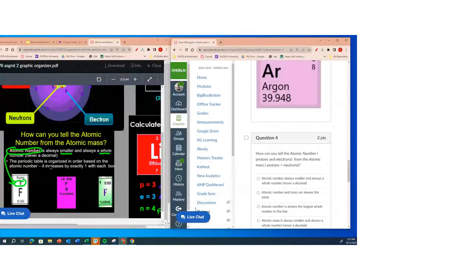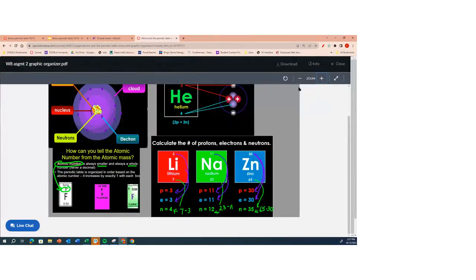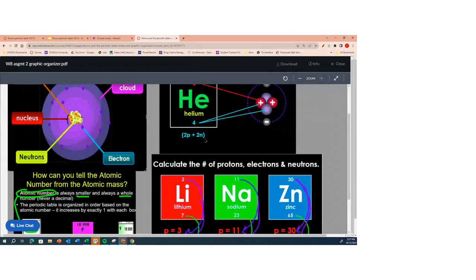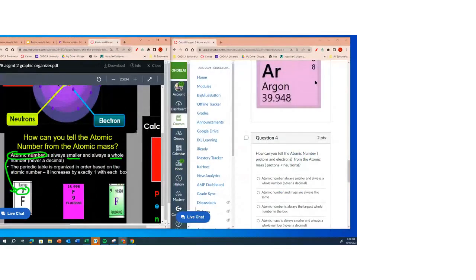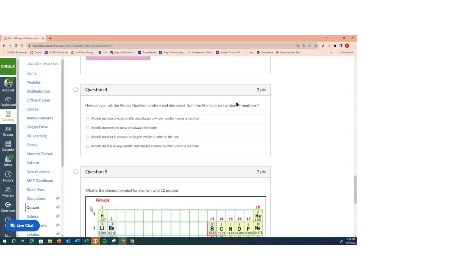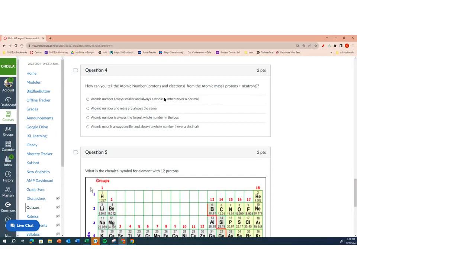So here is the answer right here. The atomic number is always smaller and always a whole number, never a decimal. So that is this one.